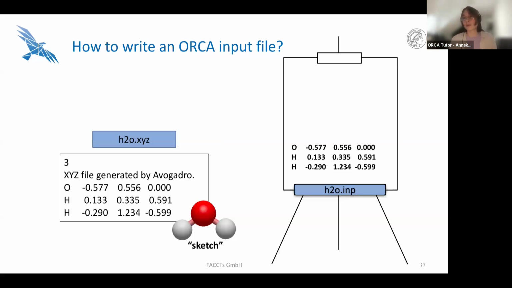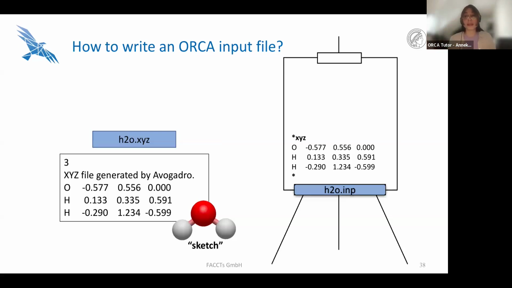Okay, we included our XYZ coordinates, but ORCA doesn't know that those are XYZ coordinates, so we have to tell it. The way to do so is by including asterisk blocks around our XYZ coordinates and specifying that those are XYZ coordinates. With that, we communicated, this is our sketch of our molecule. This is what ORCA then reads.